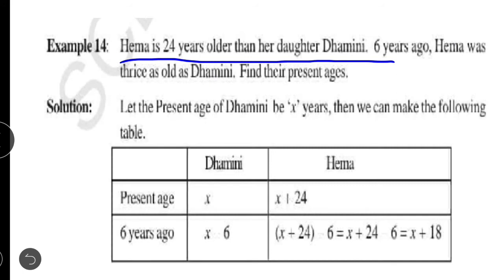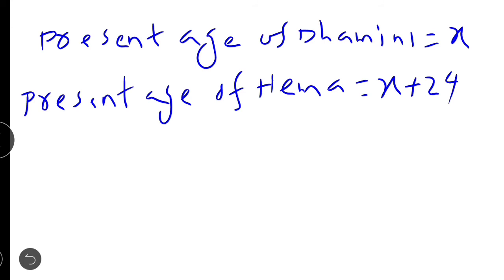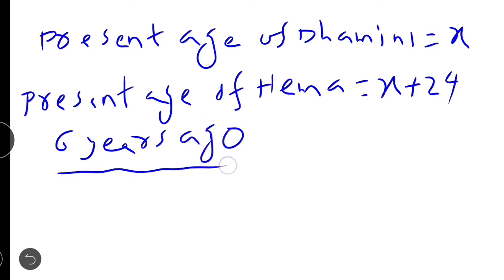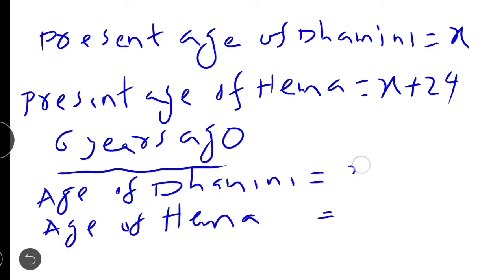So now 6 years ago, let's find out their ages. 6 years ago, the age of Dhamini is x minus 6, because it is 6 years ago, we should do subtraction.